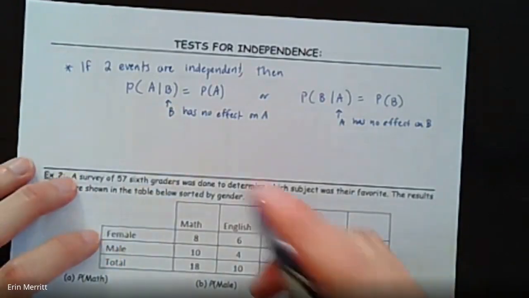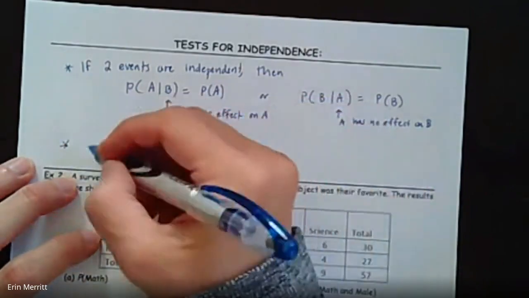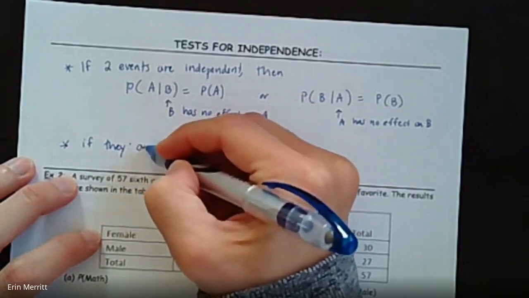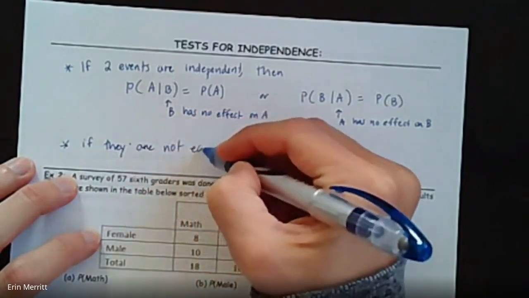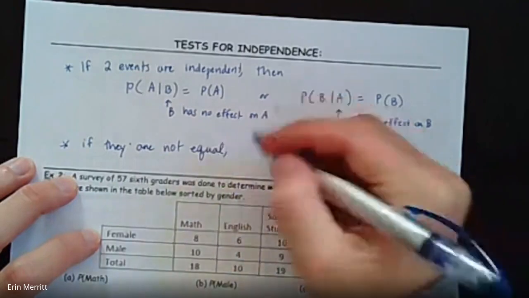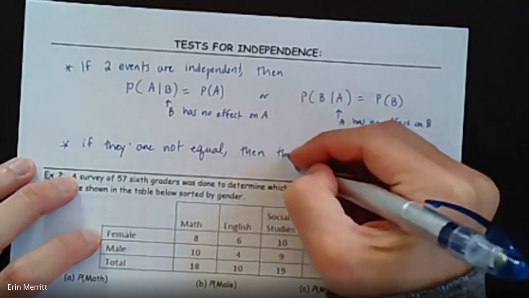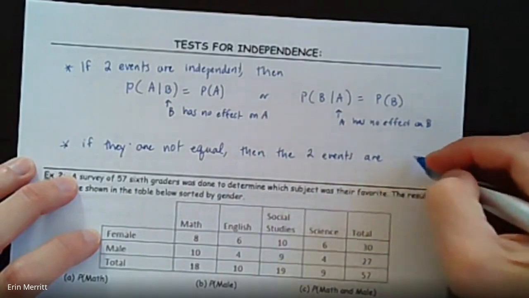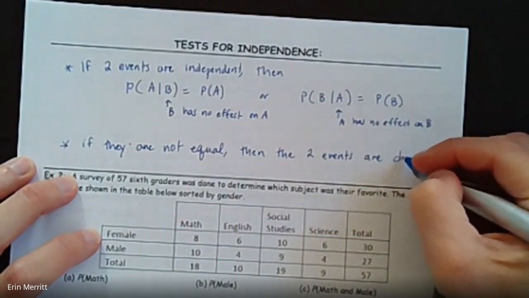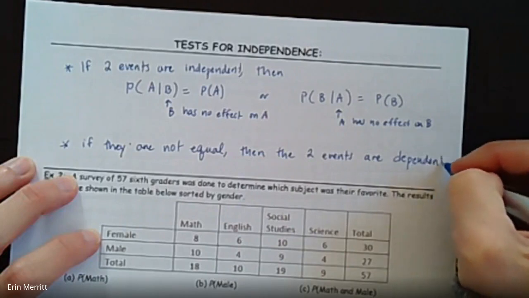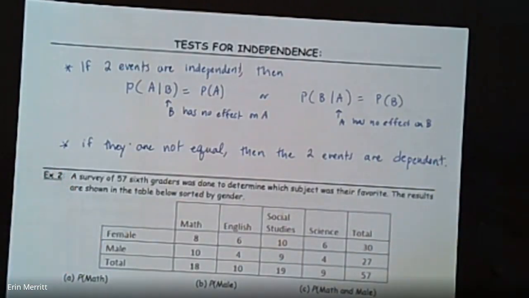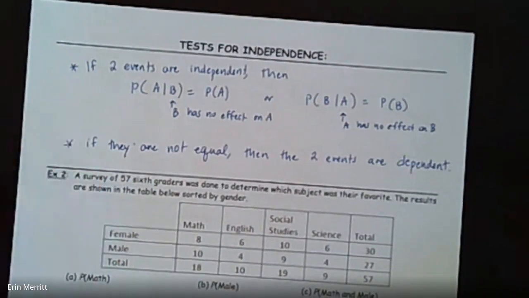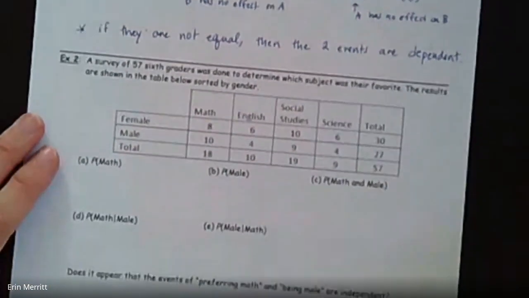Something to note, if they come out unequal, then the 2 events are not independent, or you can say are dependent. Somehow, if they come out different, that second event changed things for event A. Okay, let's slide it on up.